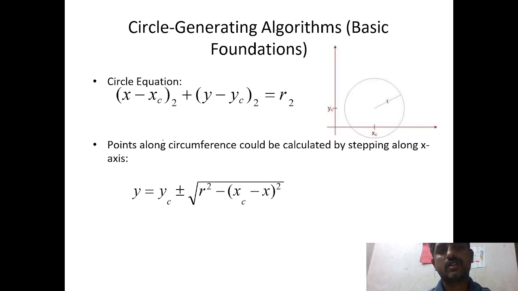Next, we go to the circle generating algorithm. The basic foundation is the circle equation: x minus xc whole squared plus y minus yc whole squared equal to r squared.